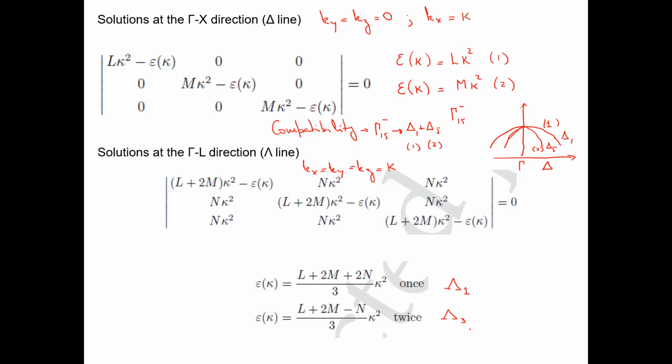So one could do that for any arbitrary direction in the Brillouin zone, and this is a very useful tool to at least parameterize the band structure of semiconductors near either the top of the valence band or the bottom of the conduction band in many cases.